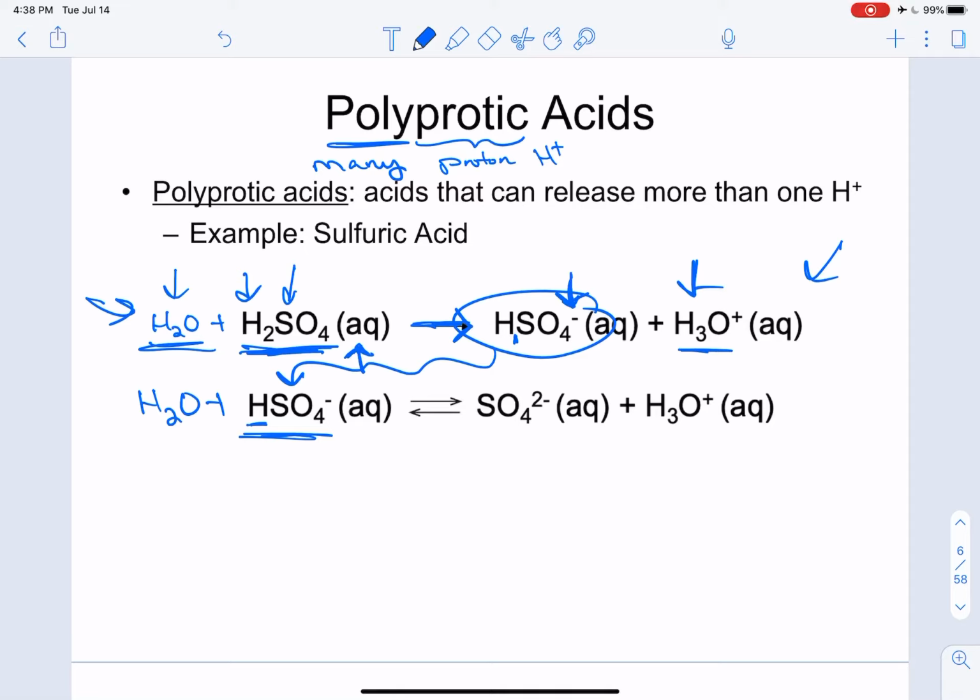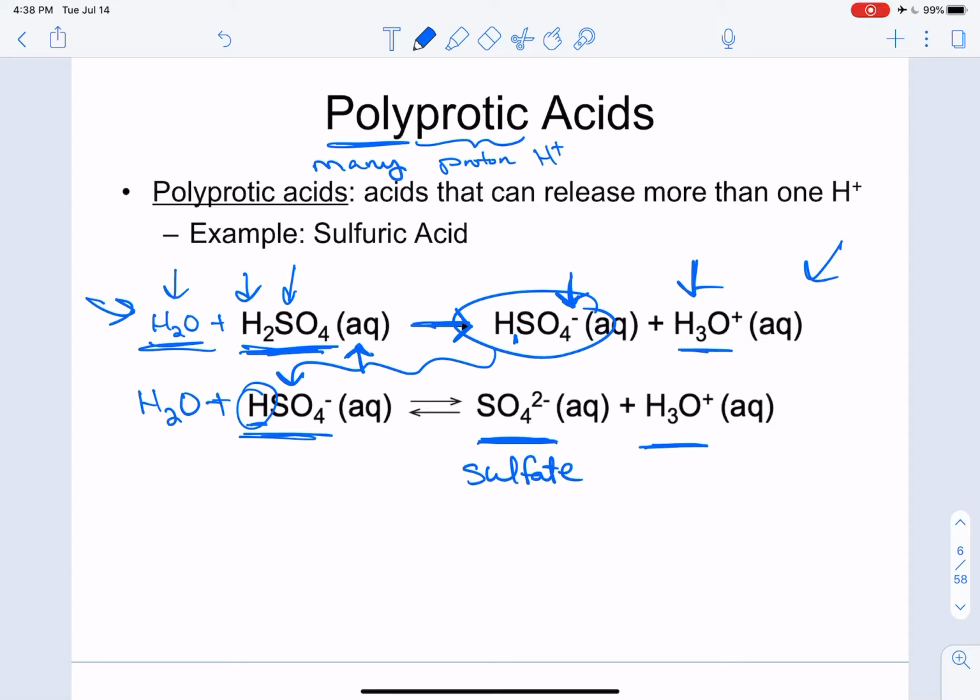So when it meets water, it doesn't always give away its hydrogen. But when it does, it turns into SO4 minus 2, which is a polyatomic ion that we've seen before. This is sulfate. And that hydrogen on the SO4 hops onto the water to give us H3O plus, which is what? Which is hydronium.